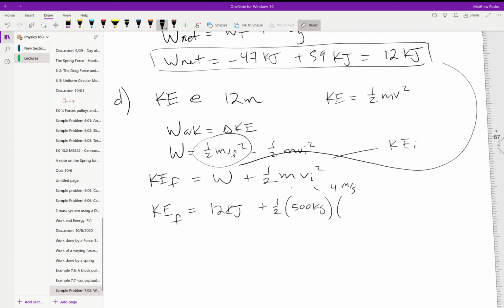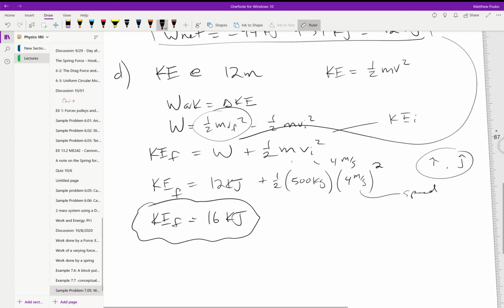And it was moving at a speed of 4 meters per second. It doesn't matter which direction because we're about to square it. Kinetic energy is kinetic energy. It doesn't matter what direction you're going in, it's just the speed. Okay, so if you did have a velocity vector with i and j components, you'd want to know the magnitude to put it into the kinetic energy formula. Okay, from this we get a final kinetic energy equal to 16 kilojoules.